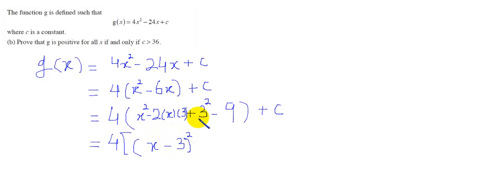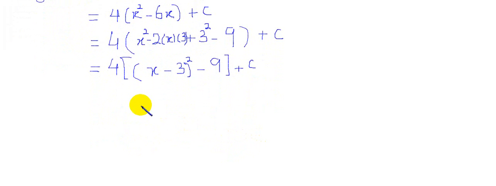So I enclosed this expression into this formula because this is equal to this formula, and then minus 9, and then plus c. Okay, now in the next step, 4 is multiplied with x minus 3 whole squared and with the 9.